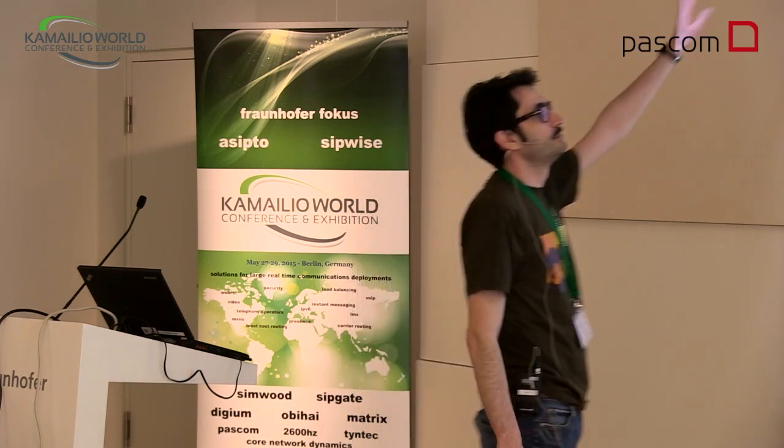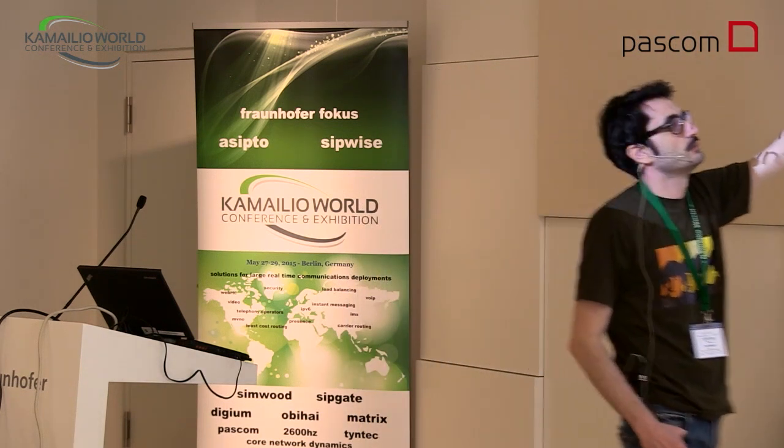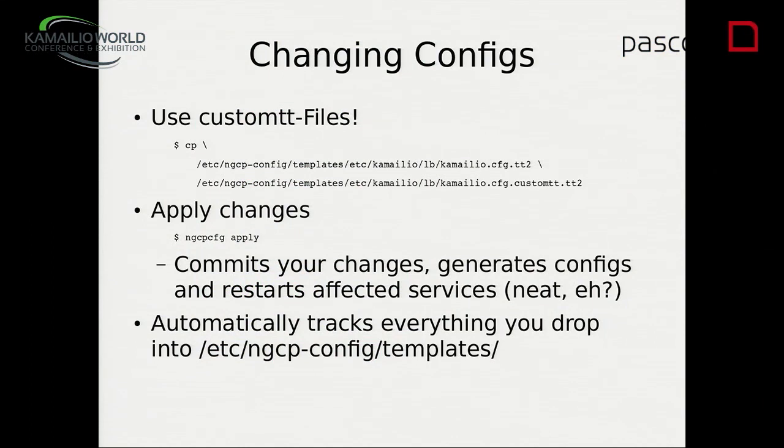The best way to change a default configuration file is to create so-called custom.tt2 files that basically will be a copy of the default file where you can change whatever you want inside.